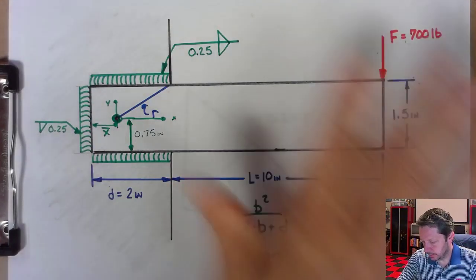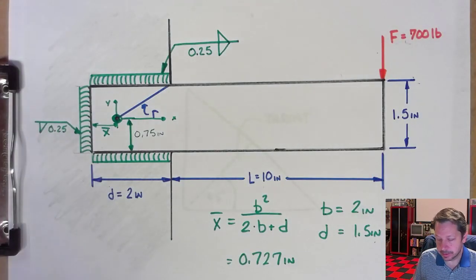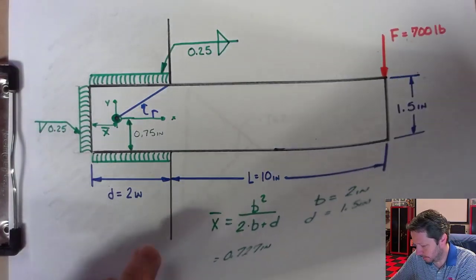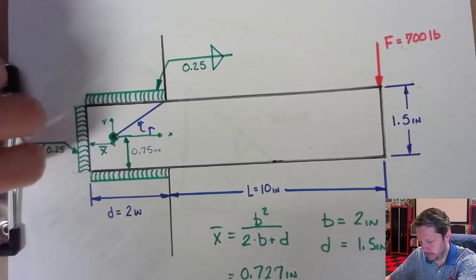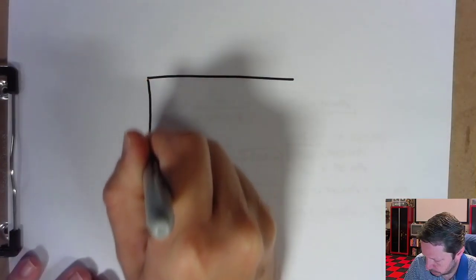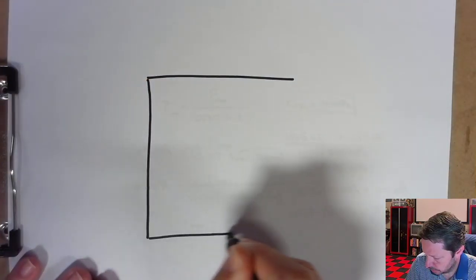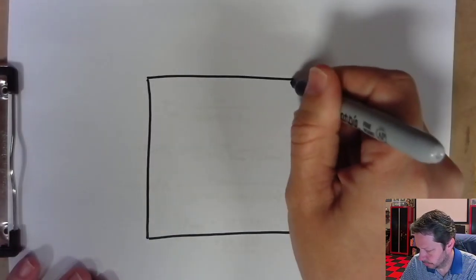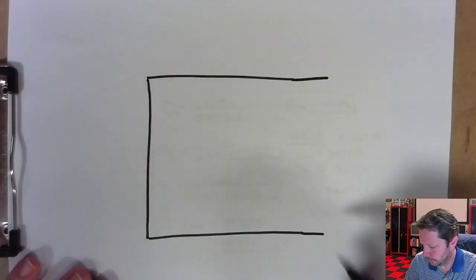Let's draw, all right, it's getting really cluttery here. So let's simplify things. Let's just look at the weld group, and let's draw it bigger. So there's our weld group, not necessarily drawn to scale, but something like that.